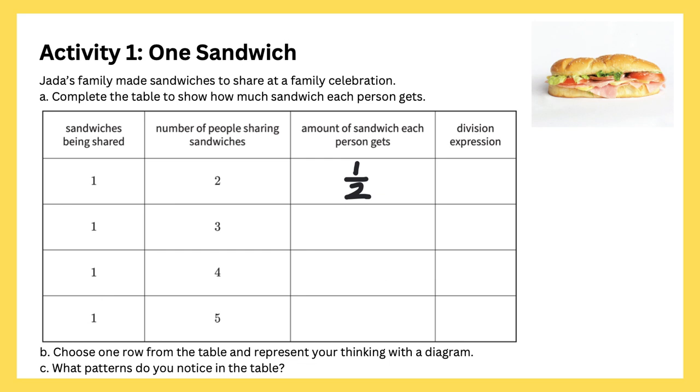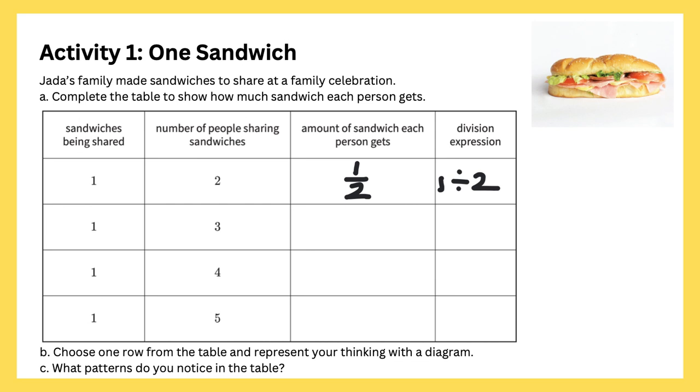And if we wanted to write that out as a division expression, we will write 1 for our one sandwich divided by 2 for our two people. And so we're going to go ahead and do that for the next 3 items. So we have one sandwich being shared by 3 people.